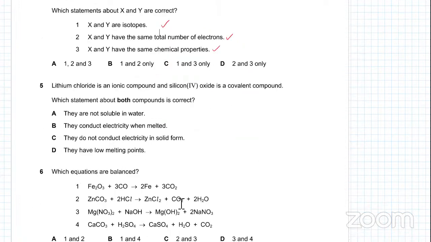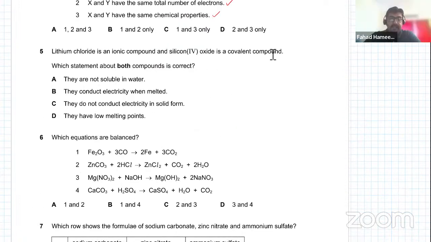So next one. Lithium chloride is an ionic compound and silicon dioxide is a covalent compound. Which statement about both compounds is correct? And remember, silicon dioxide is sand.